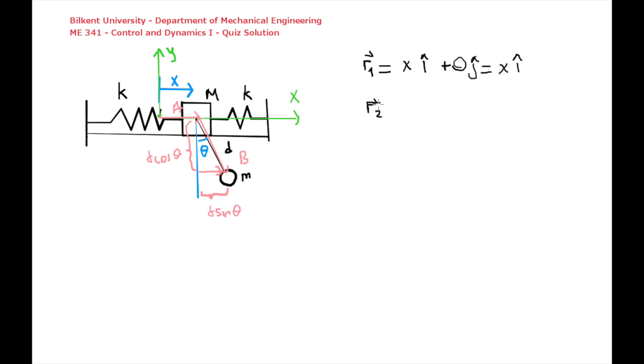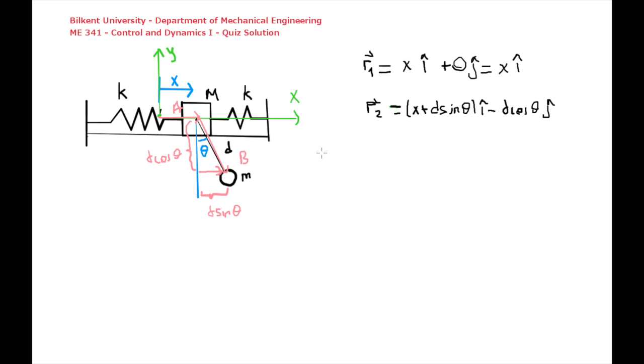Okay, so now I can express R2. So R2 is x plus d sine theta in the i direction, and in the negative y direction I have d cosine theta, so minus d cosine theta j.